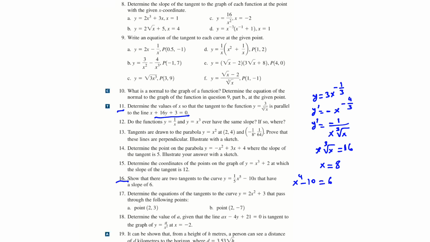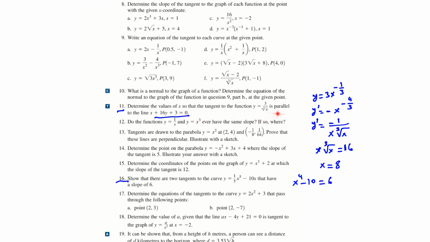Question number 11. Determine the value of x so that the tangent to the curve of y equals 3 over cube root of x is parallel to the line x plus 16y plus 3 equals 0. You know, two parallel lines have the same slope. Therefore, we are looking for the x value so that the tangent line has a slope of negative 1 over 16.